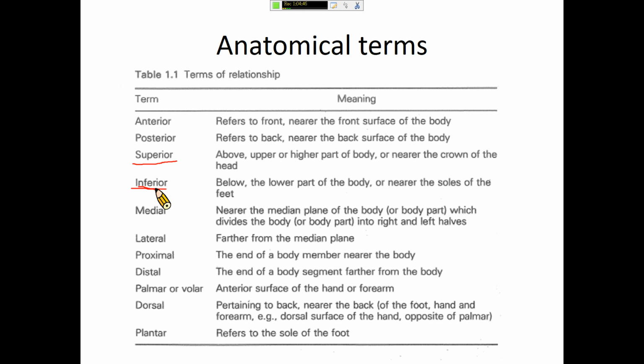Now, if you read the papers, you can understand what they are talking about. How about proximal and distal, which we explained already. For this upper arm, again, proximal, distal, okay?